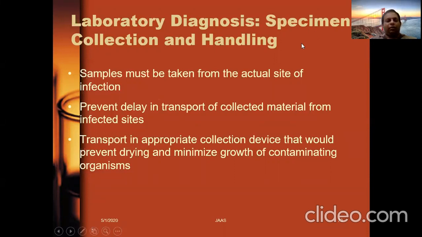Then we have to label properly. We have to wear gloves, always without any contamination, when taking the sample. Once labeling is done, that means with the bed ticket number or clinic number.